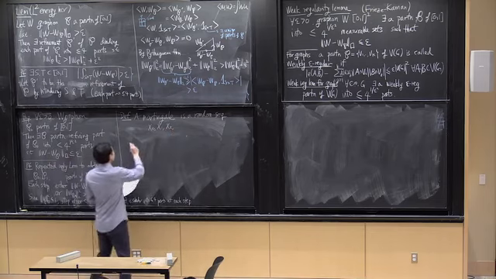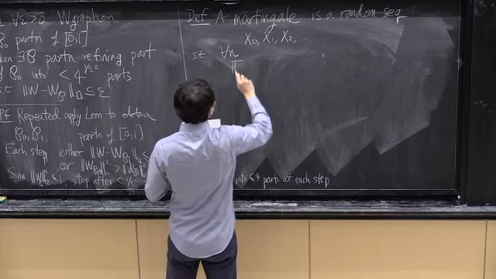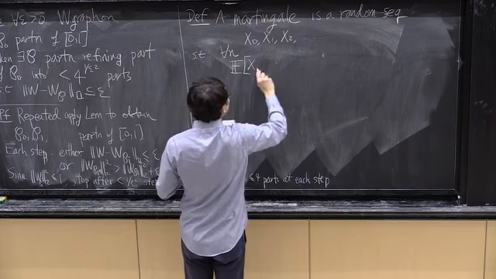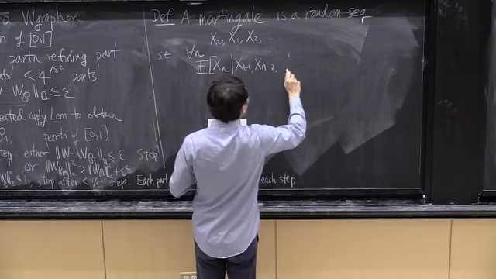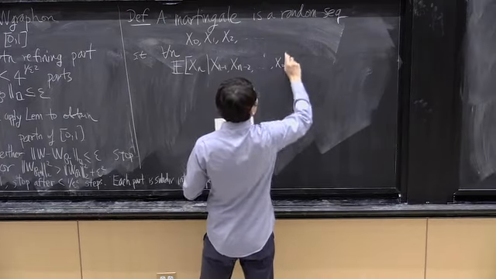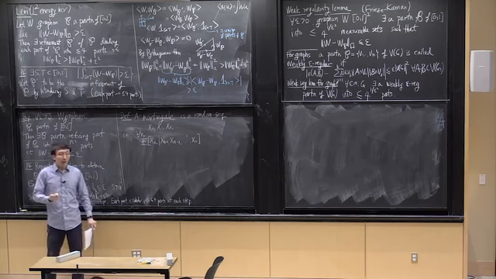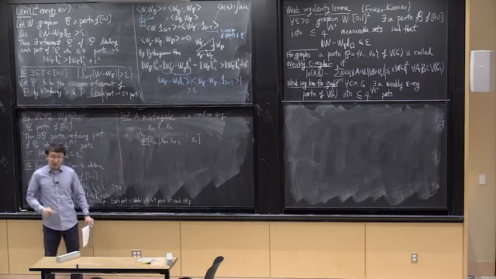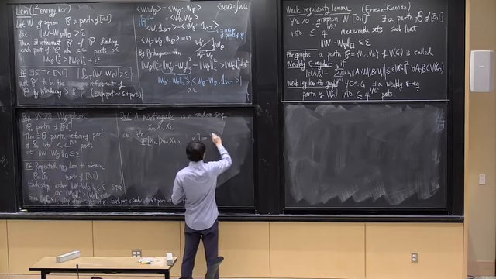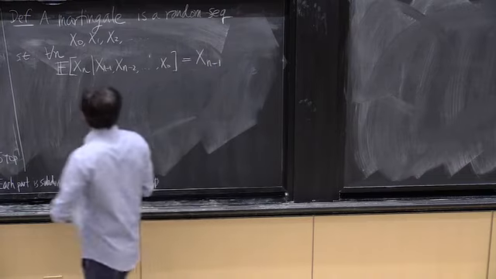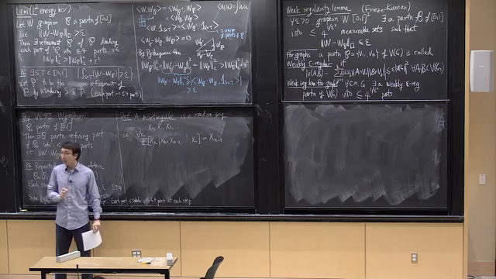A martingale is such a sequence where, if I'm interested in the expectation of the next term, and even if you know all the previous terms, so you have full knowledge of the sequence before time n, and you want to predict on expectation what the nth term is, then you cannot do better than simply predicting the last term that you saw.